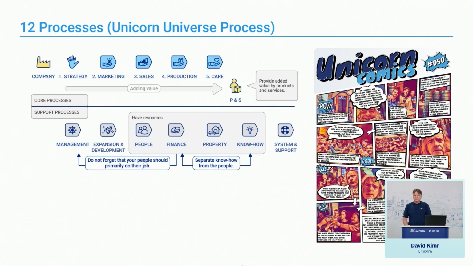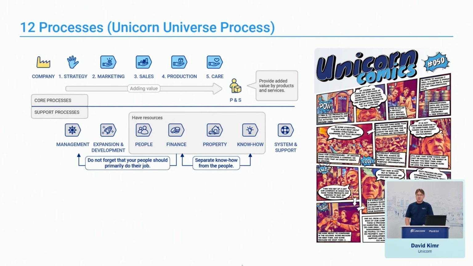We tend to say that every company, every society must cover some basic processes in order to be running. There are five basic ones: strategy, in order to know what to do, marketing, sales, long-term customer care, and production, of course.